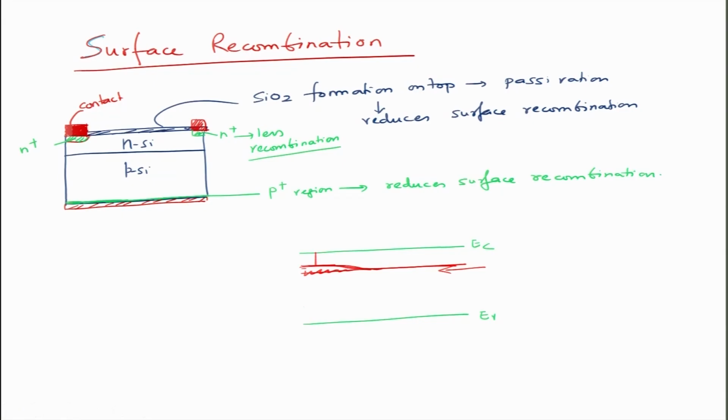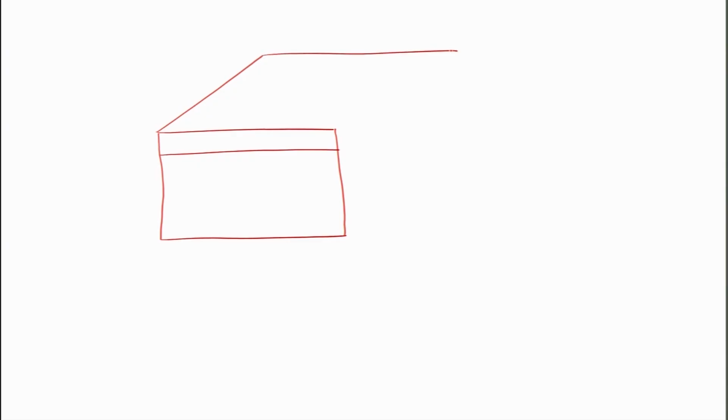So, this is what is done to improve the contacts, and we have seen what kind of solar cell we can have with silicon. This is the overall design. On top we have N silicon, at the bottom we have P silicon.